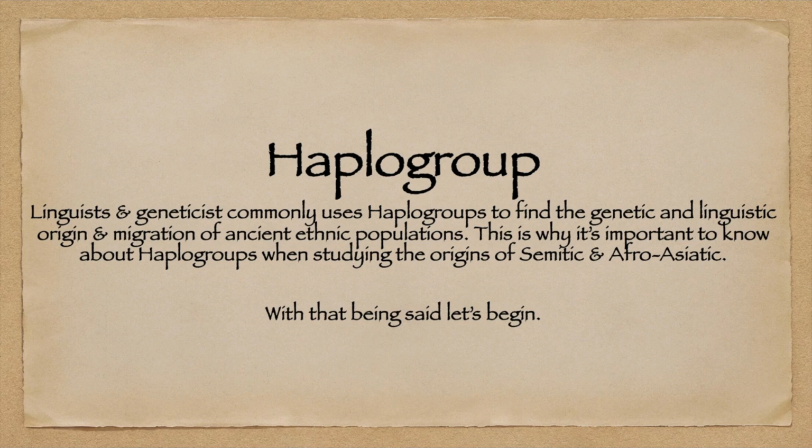So, linguists and geneticists commonly use haplogroups to find the genetic and linguistic origins and migrations of ancient ethnic populations. This is why it's important to know about haplogroups when studying the origins of Semitic and Afro-Asiatic. With that being said, let's begin.